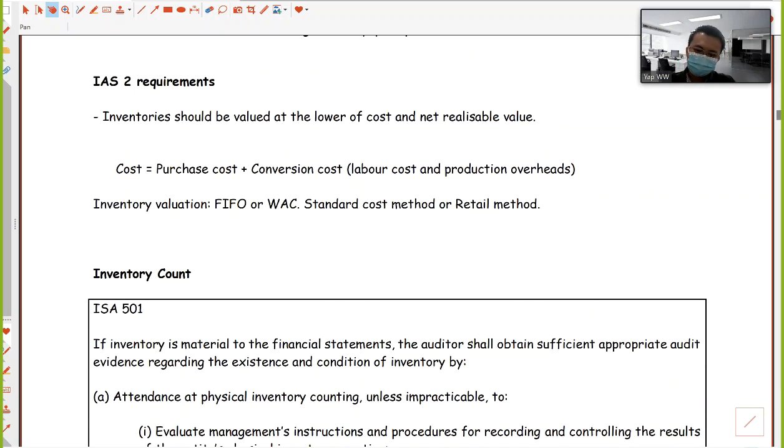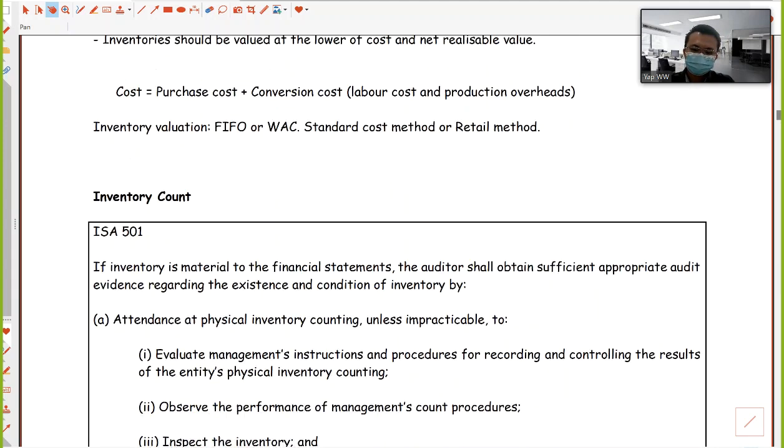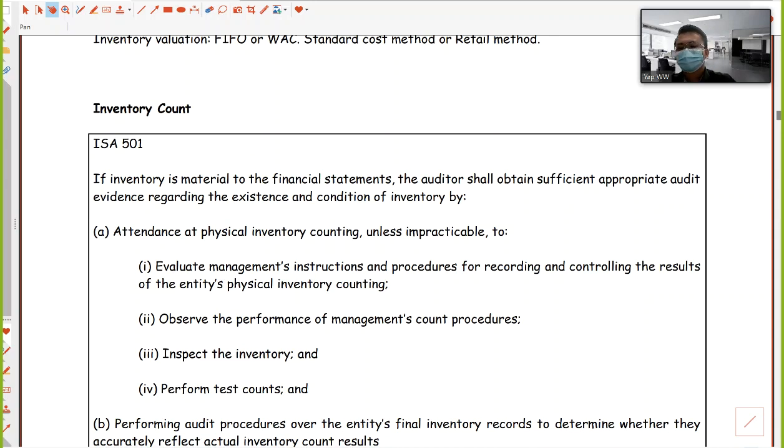Okay, the ISA requirement, this one we will talk about in the next class. Today we focus on inventory count. Inventory has two parts.